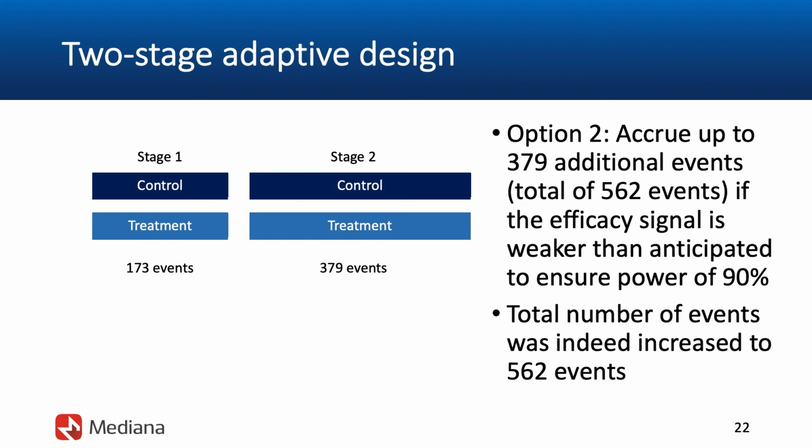And instead of this, the trial sponsor chose a more pragmatic and ultimately more scientifically sound approach of designing a smaller trial, but including an option to examine unblinded interim data to potentially modify the design.